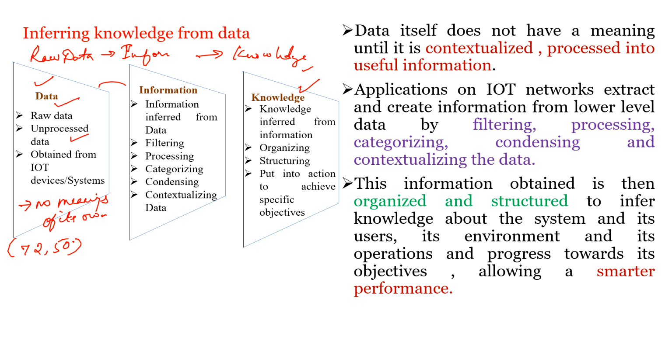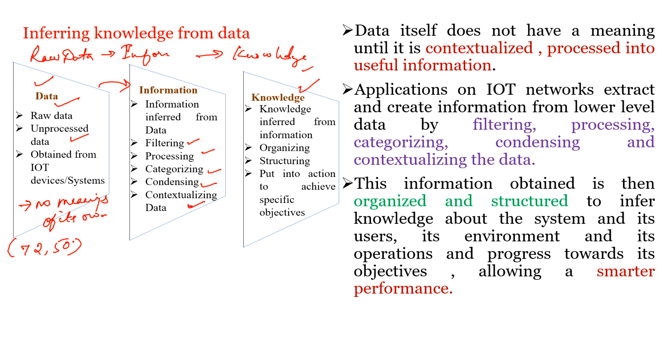Now it has to be converted into information. How is it converted into information? Information is inferred from data by filtering, processing, categorizing, condensing, and contextualizing the data. What is meant by filtering?